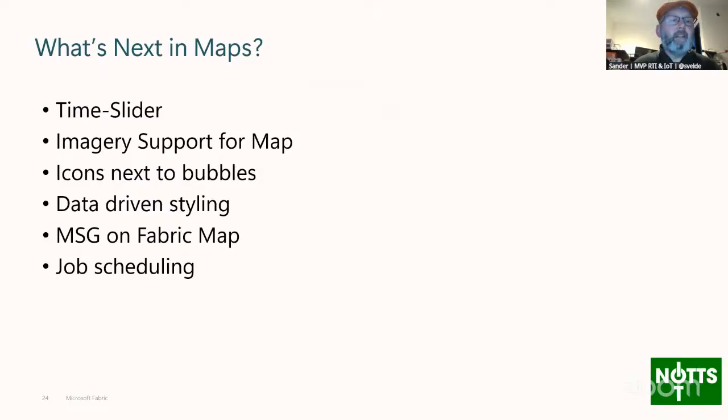The styling can be data driven. Think about I have now a list of shapes, but they all have the same color, but each line gets its own color, something like that. MSG support and job scheduling. And there will be more, of course, much, much more.